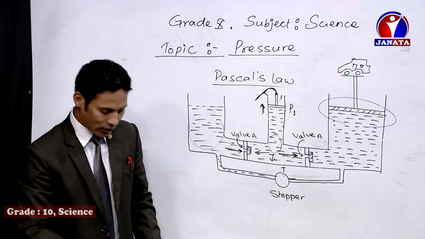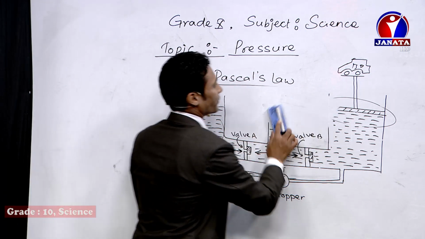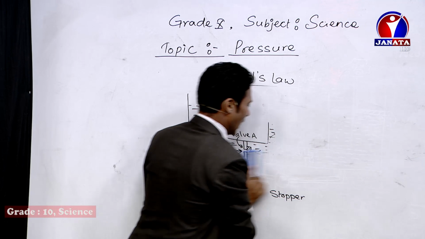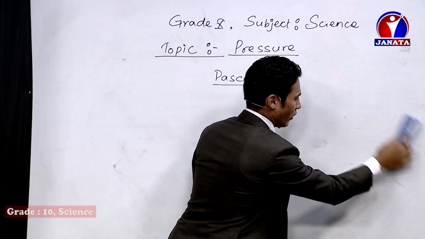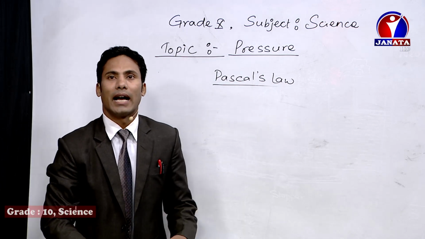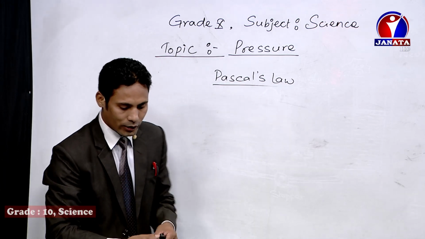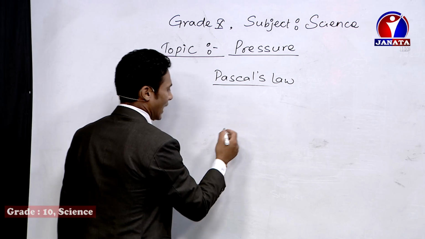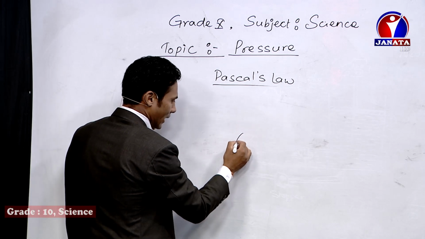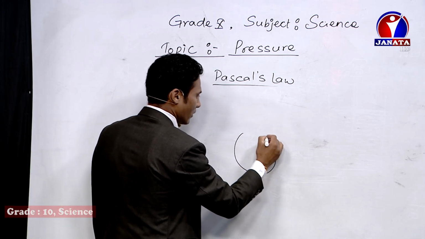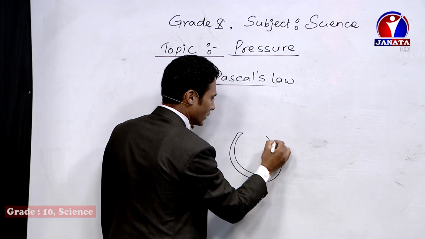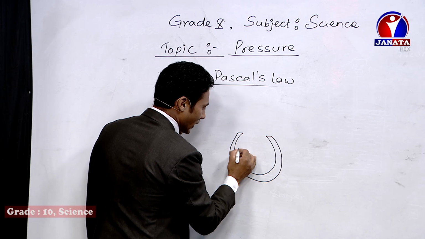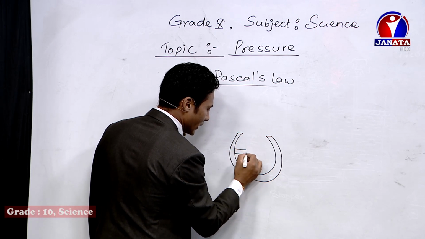And next, the hydraulic brake is there. So you can draw the figure along with me for this hydraulic brake also. Okay, so let's try to draw the figure of this hydraulic brake. You can continue with me. So this one, right? And it is connected with the cylinder.